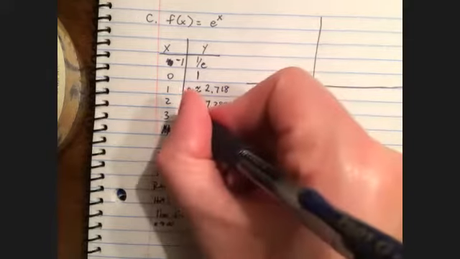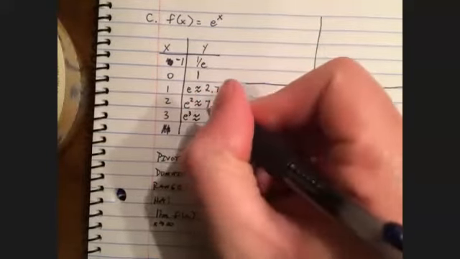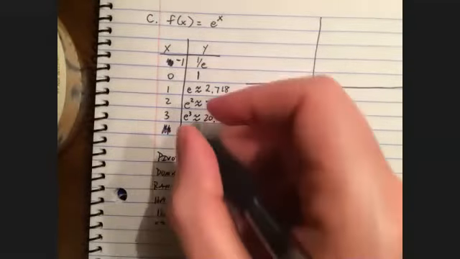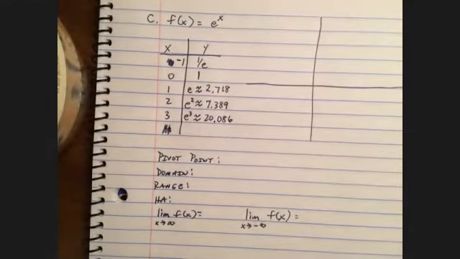And then e cubed, which is going to get pretty big. It's probably 20.086. And so on and so forth. So I mean, it climbs pretty quick, obviously, being exponential.